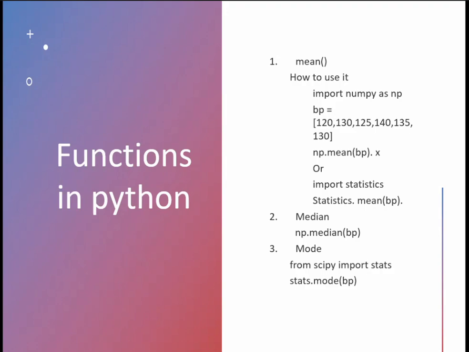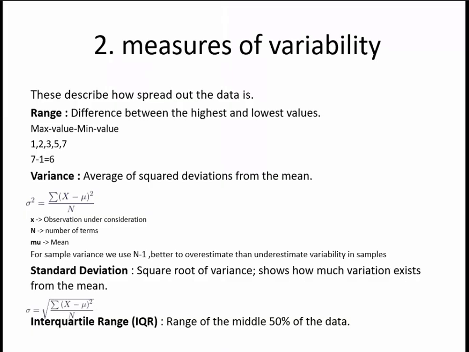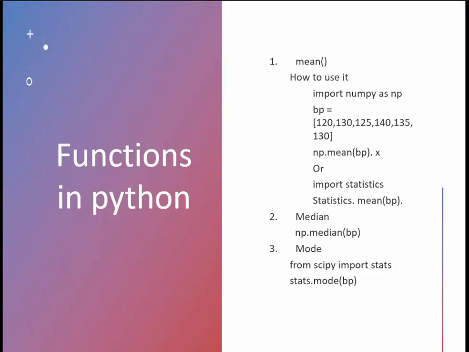And then for mode, we use another function called mode. I don't know if you've looked at functions in Python. But in case you haven't, I'm sure you'll be able to look at what functions are and how to write and use functions. This is just an example of how we use Python functions to carry out statistical operations.